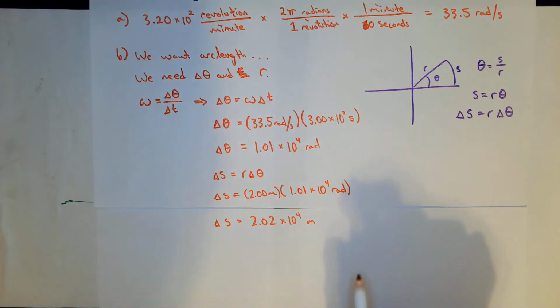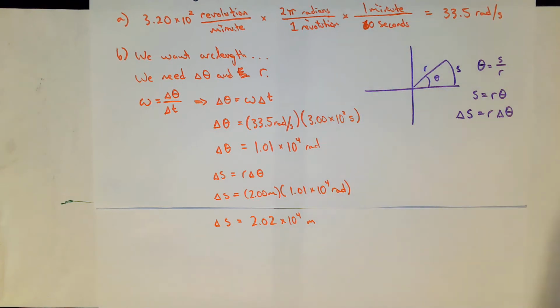Recall that radians are dimensionless. They're like a fake unit kind of thing. It gets a little weird, but anytime you're multiplying these units together, the radians just kind of get swept under the rug.